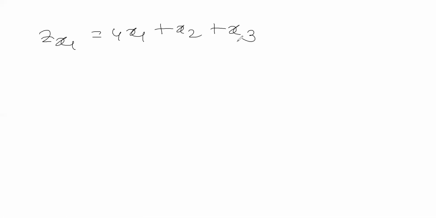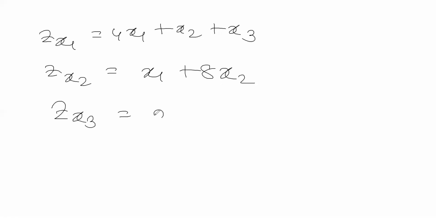I'm writing it again to make you remember the first order partial derivatives. Then there was zx2, which was equal to x1 plus 8x2. And then there was zx3, which was x1 plus 2x3. Now this will help us to form the Hessian matrix, as there are 3 variables.